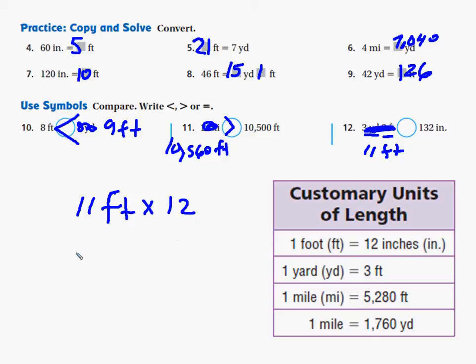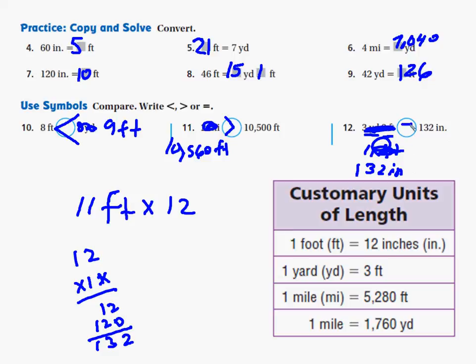So I'm going to multiply 12 times 11. 1 times 12 is 12. Scratch, nothing to scratch, lay an egg. 12 times 1 is 12. I add these together, and this is actually 132 inches. And the other side is 132 inches, so when I convert this to inches, it's the same as this. They're equal. And so that's how you do a problem like that.